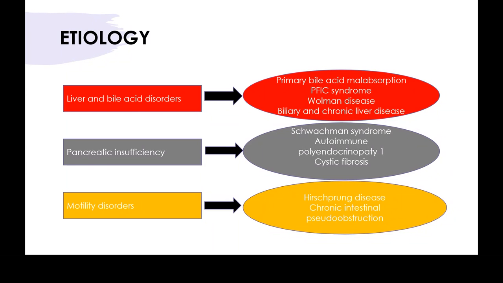There are also some motility disorders which can give rise to chronic diarrhea. The commonest is Hirschsprung disease, which can cause early constipation, then enterocolitis, as well as protein-losing enteropathy. These are the ways it gives rise to chronic diarrhea.